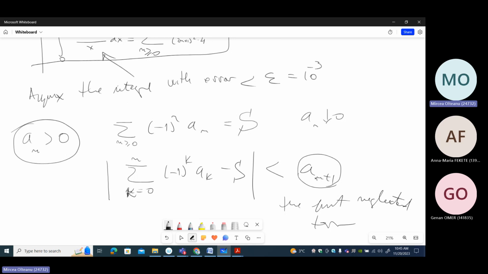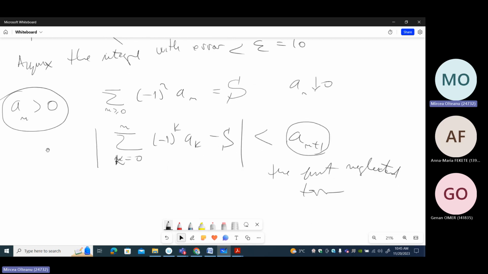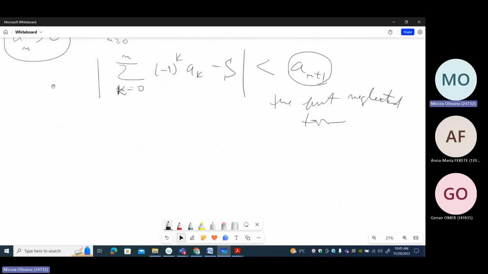That means an plus 1. So in order to apply this result, what we need to know in general is for which one is the least n satisfying an less than the given epsilon. And the first n which satisfies this inequality will be the rank of the first neglected term.